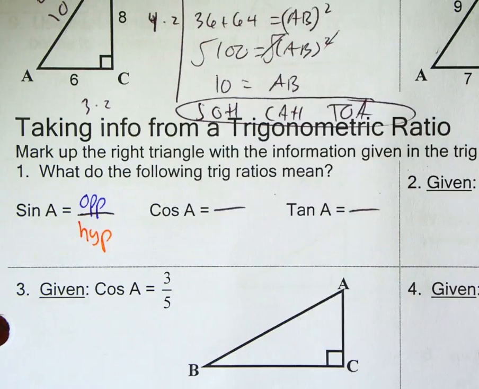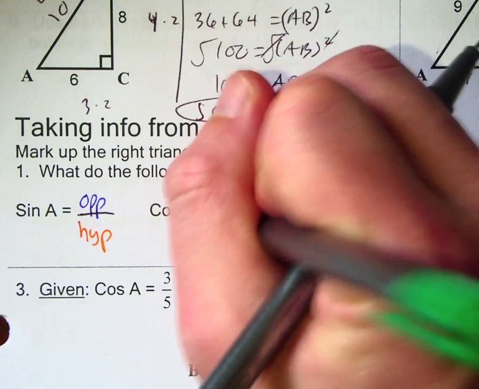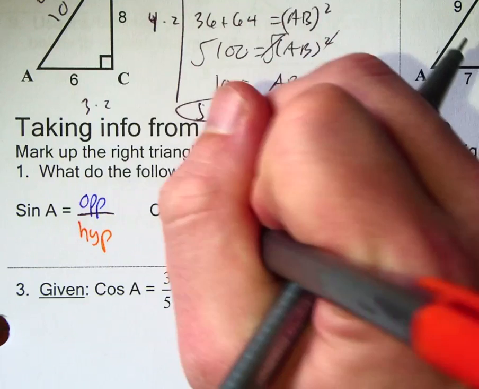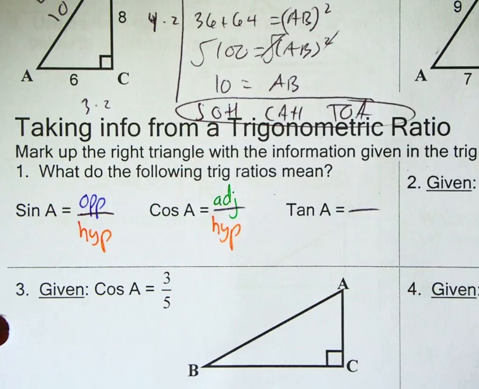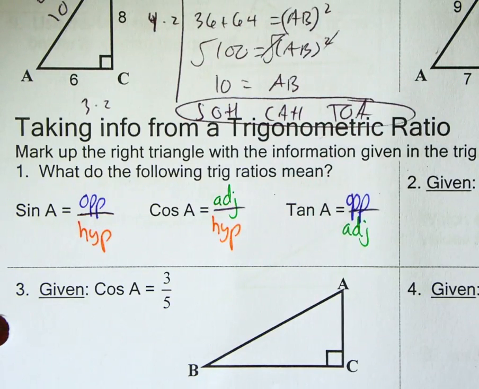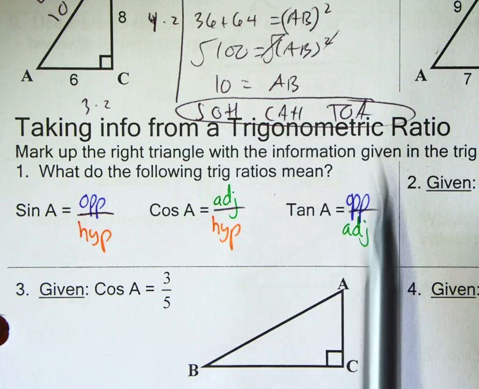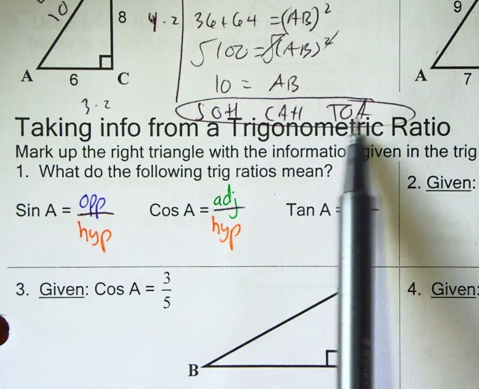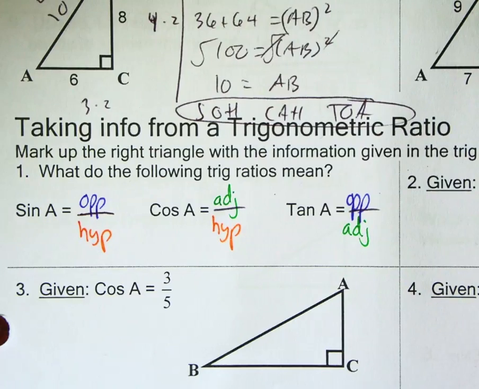Cosine is adjacent over the hypotenuse. And tangent is opposite over adjacent. I'm getting that from here. Tangent of t goes here, opposite over adjacent. Those are the ratios we're going to use today.